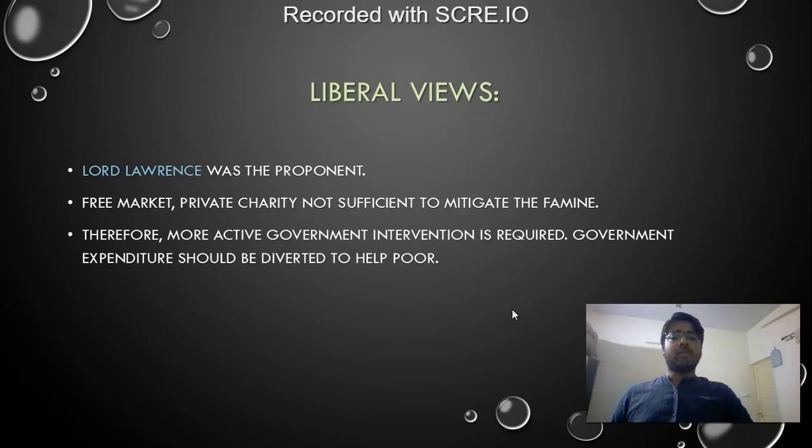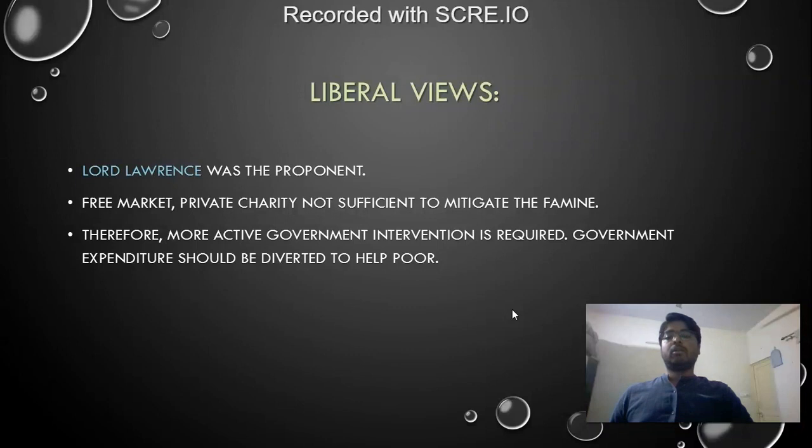Private charity did not spend in drought, and not in time. So more active government intervention is required, and government expenses should be diverted to help the poor.